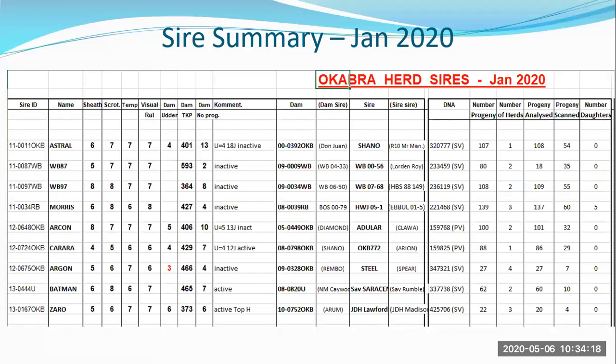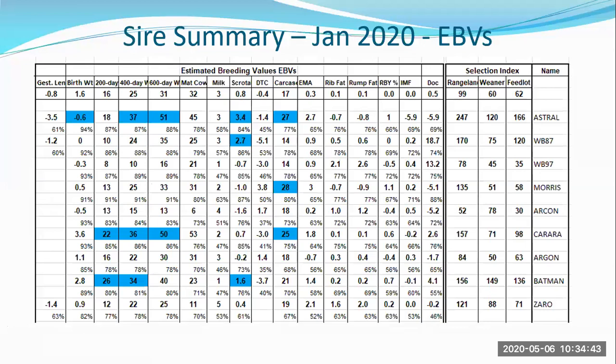Big question mark here for the next round. We know if it's DNA, sire verified, parent verified, number of progeny, number of herds in, number of progeny analyzed, scanned, etc. And if we go to the right of that, is our next slide. Is on? Mickey, yeah.